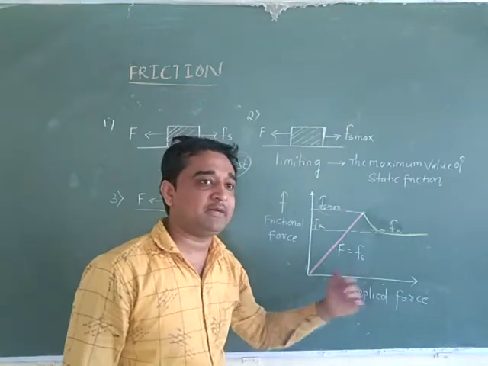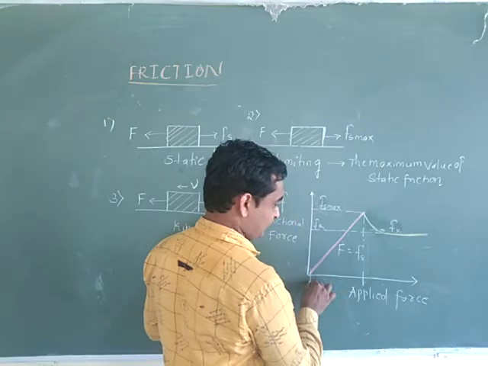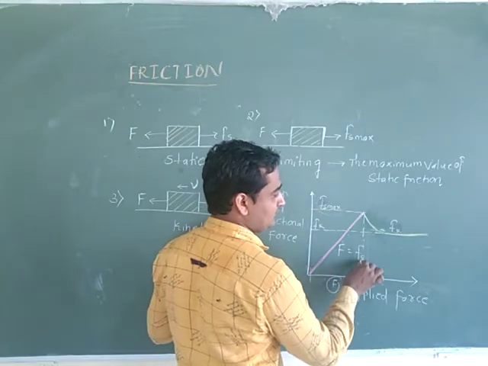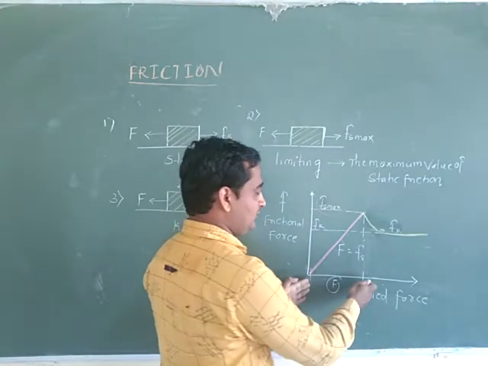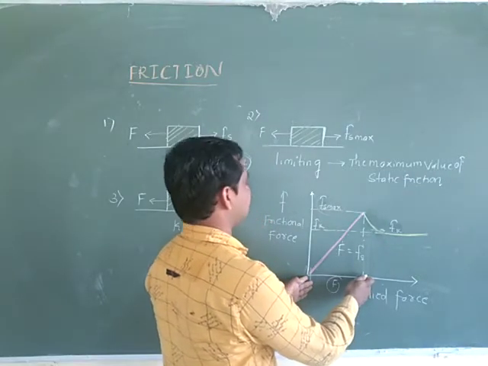After that, if you apply more force, what happens once this point is crossed? Up to here, the applied force F is equal to the static friction Fs, right?